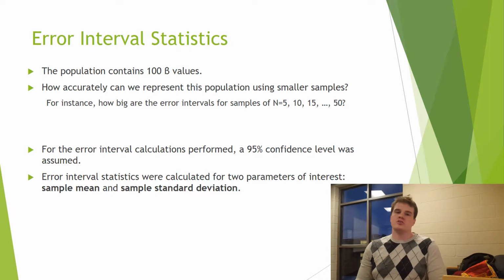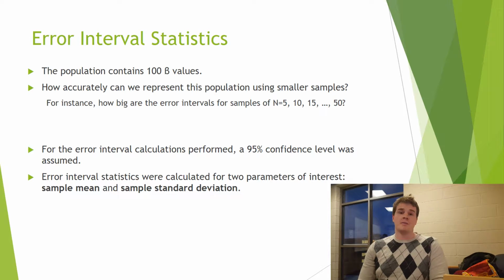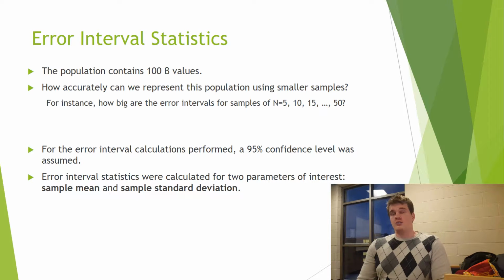So our population contains 100 beta values. Well, this brings up an interesting point. From these 100 beta values, what samples can we use to represent these 100 beta values? In other words, can we take a sample of 5 from these 100 beta values and then use statistics drawn on the sample of 5 to make accurate conclusions about the entire population?